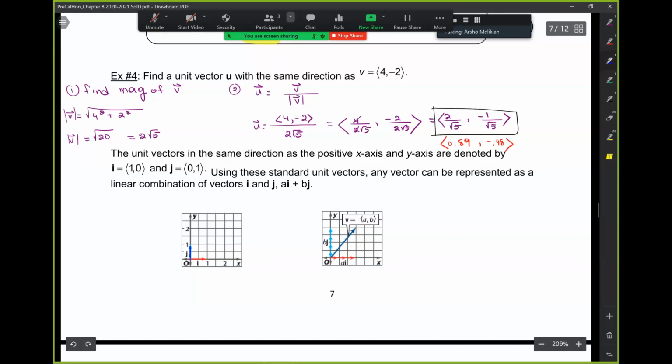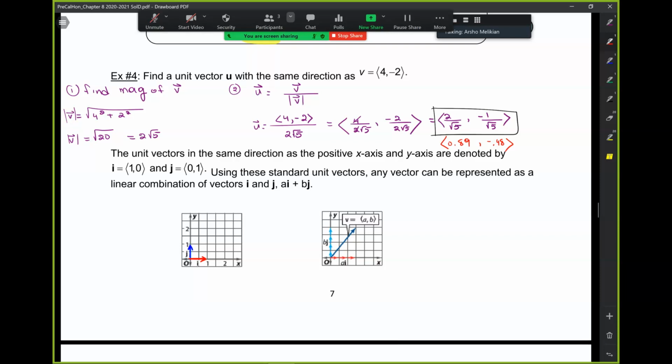This is a unit vector because it's got a length of 1 and it's plainly on the y-axis. Look at this one. It's got a length of 1 and it's completely on the x-axis. These are the VIPs of unit vectors.